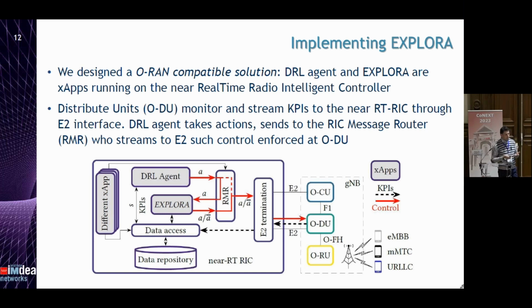And as an xApp, we have implemented it into this near real-time RIC that is basically the engine taking actions. From the network, we read the state, which, like I was mentioning before, is buffer size for each user, transmission bitrate, and number of packets.